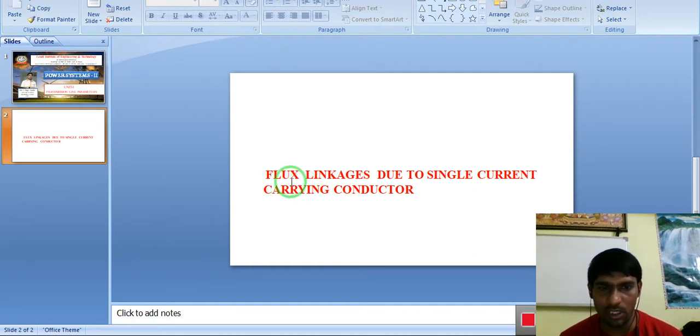So now we are going to discuss the flux linkages due to a single current carrying conductor.